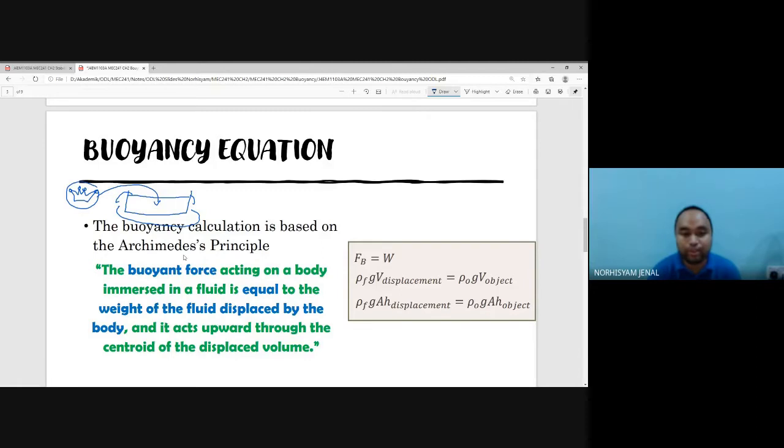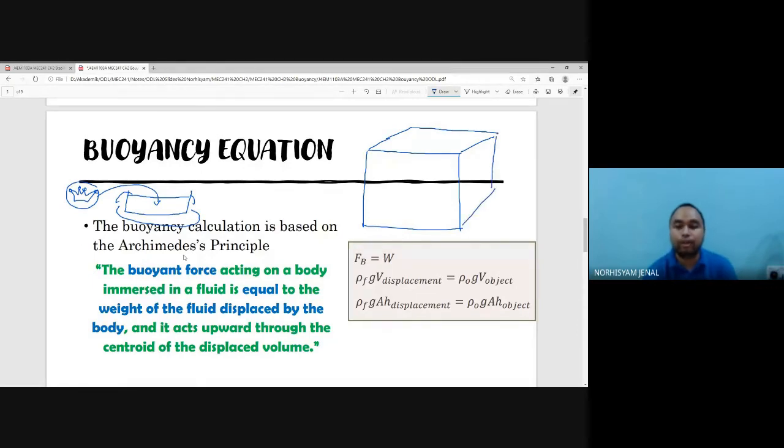What is the meaning of this wording? Today is not a good day for me drawing things. Assume this is a very nicely done box, a block like this.